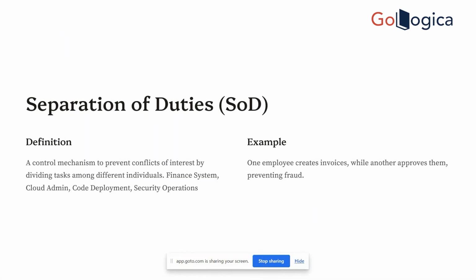SOD in simple terms means two people are not supposed to be working on the same kind of task. If you see inside a bank, if one person is creating your invoices, the same person is not supposed to be clearing them.